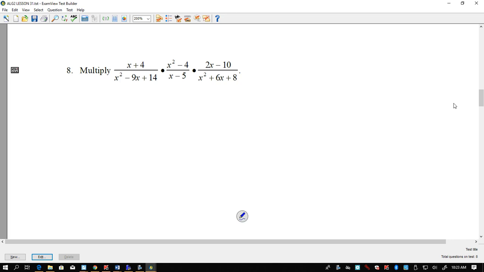Minus minus, because I've got a positive. So things that are going to multiply should be what, 7 and 2? 7 and 2 are going to add up to 9. 7 and 2 are going to multiply to be 14. So we got that. x squared minus 4, we should see our pattern there.